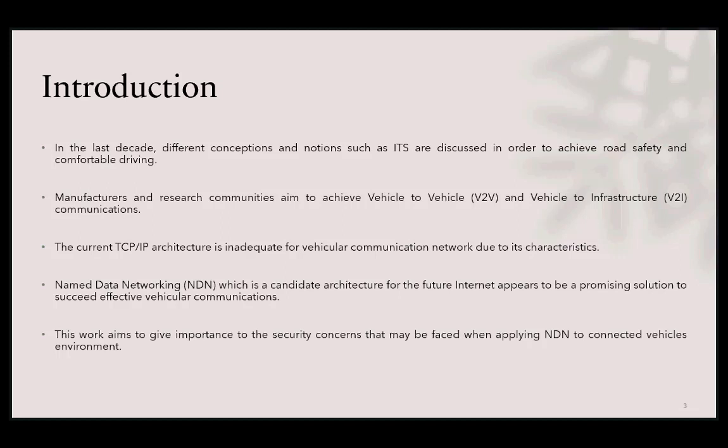In this work, we aim to give importance to the security concerns that may be faced when applying NDN to connected vehicle environments. Among the previous studies on security, the majority of them did not consider the characteristics of VANET. Therefore, the primary motivation of this work is to analyze security concerns in vehicular communications from the point of view of NDN.